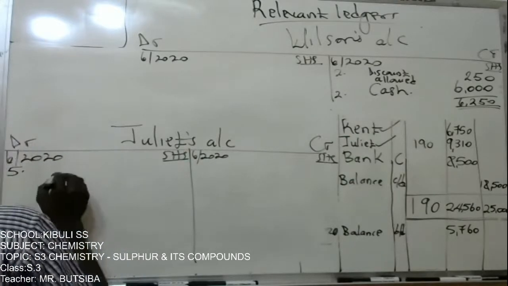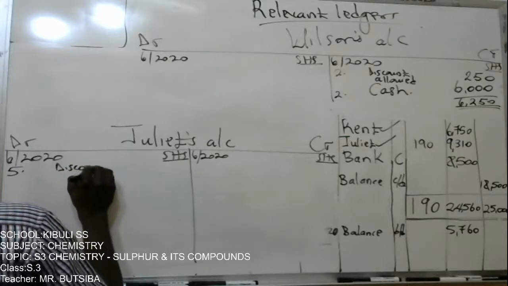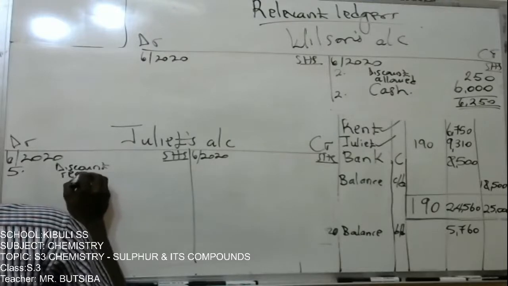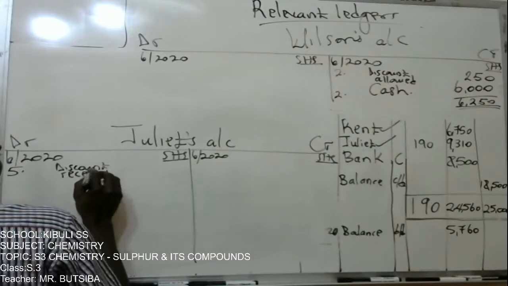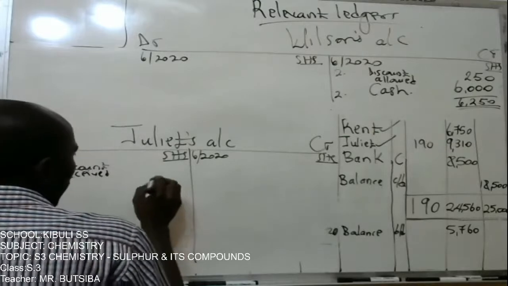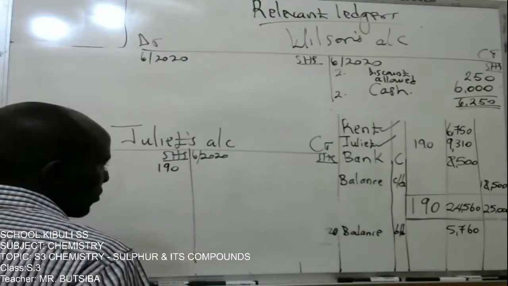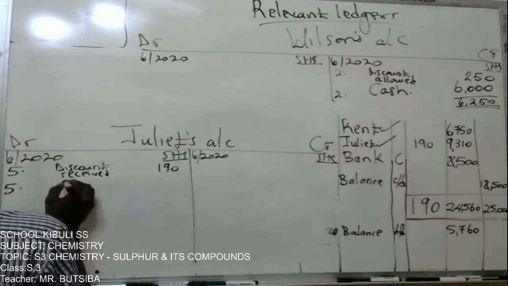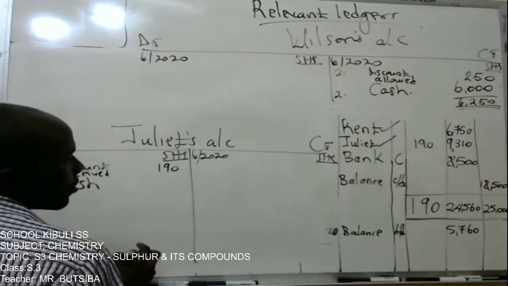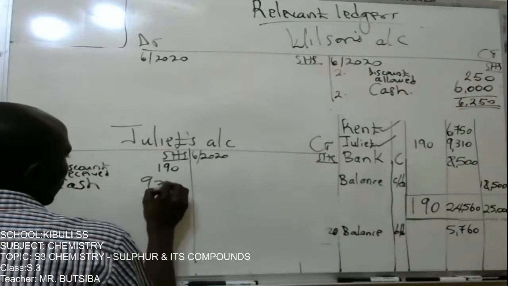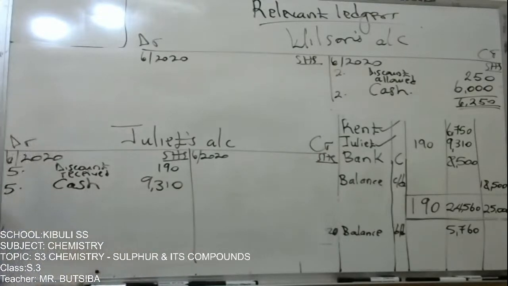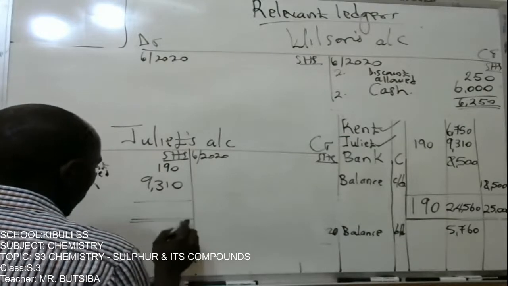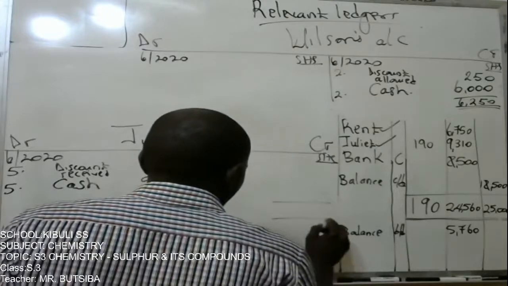Juliet gained a discount. There was a discount received of 190 shillings. She went ahead and paid us cash 9,310. So class, that's how we record in our personal accounts when you open up the relevant ledger accounts.